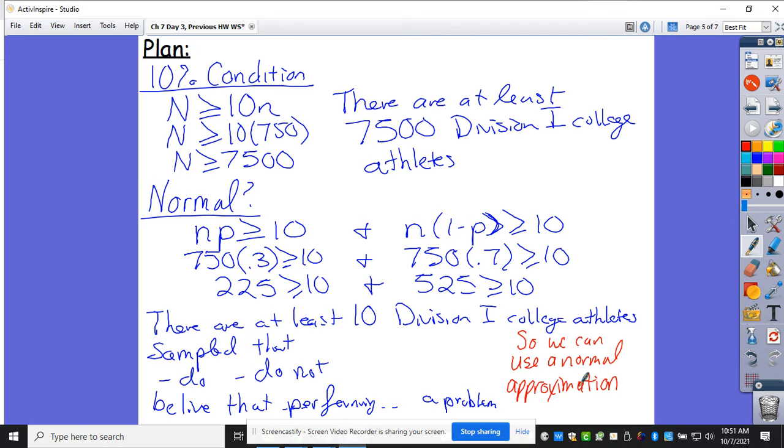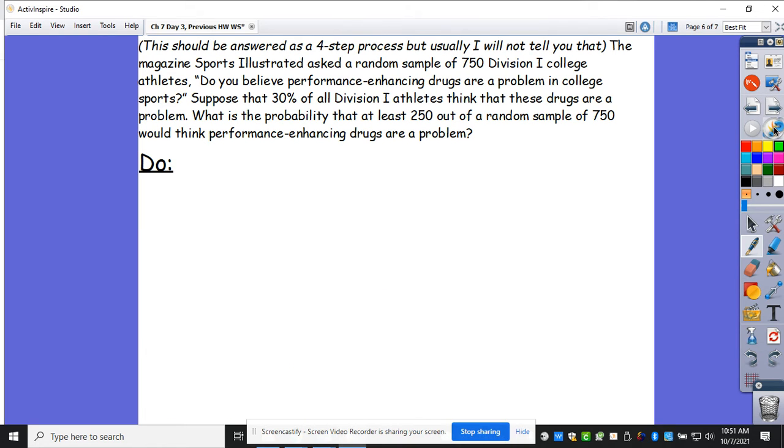Questions with conditions. This is referring to our sample. All right, what's the first thing I do? Mu of p hat, which equals p, then sigma p hat, which equals the square root of p times 1 minus p over n, right?